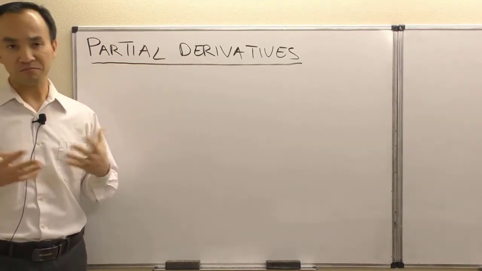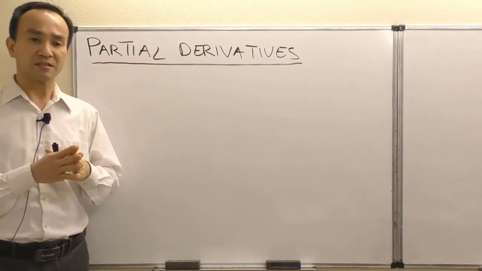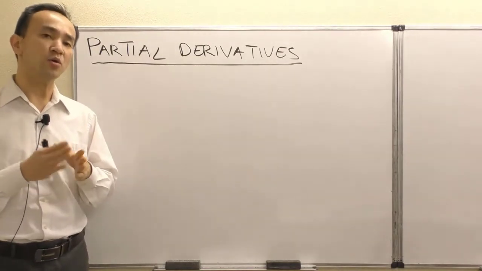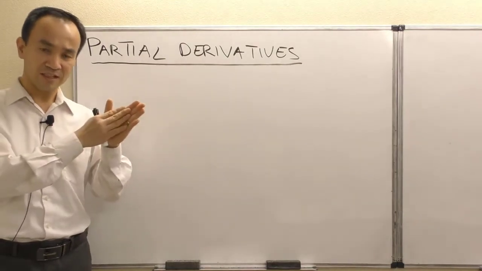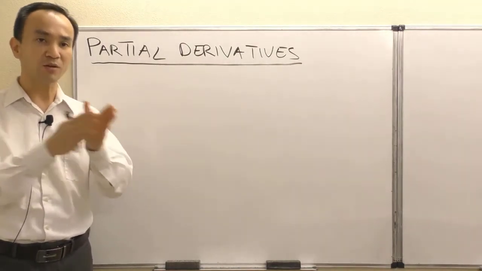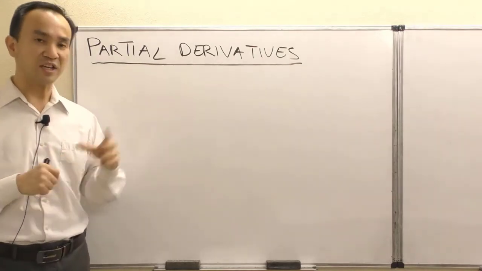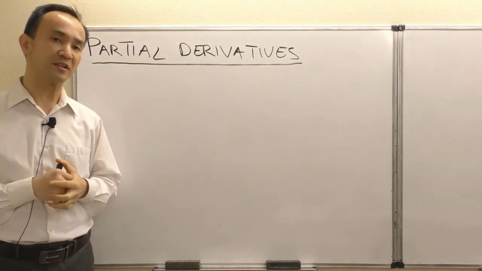Needless to say, this lesson is only intended for students who have already passed the level of single variable calculus and particularly integral calculus. So here we arrive at multivariable calculus, specifically looking at partial derivatives.